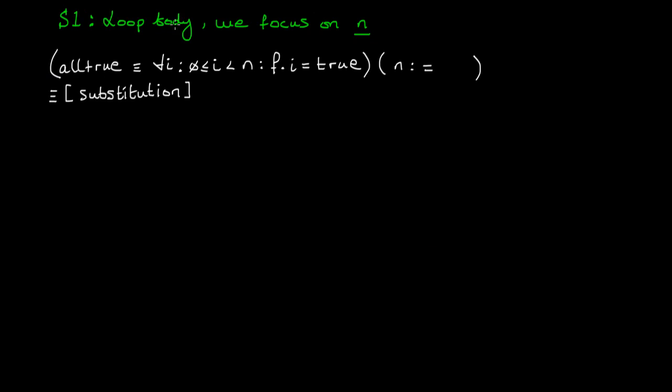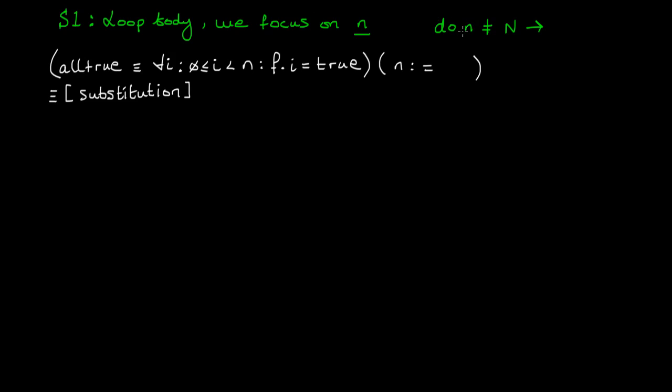In order to do that, we need to focus in on what happens to n in the loop body. N, remember, is going to drive our loop, and it's driving our invariant. So something is going to have to happen to n in the loop body. If we remember, the loop that we have is do n not equal to large N. So something has to happen to small n.